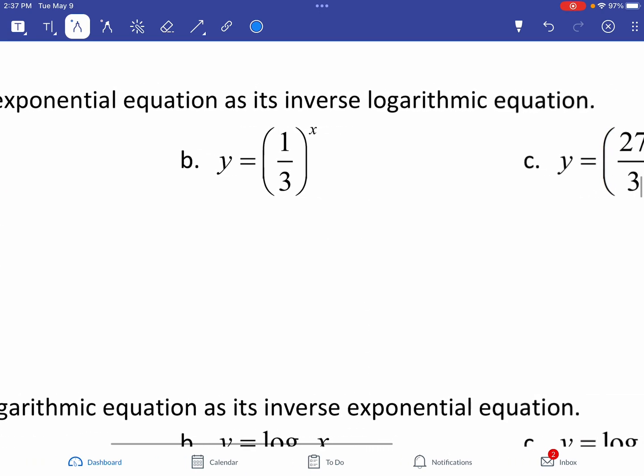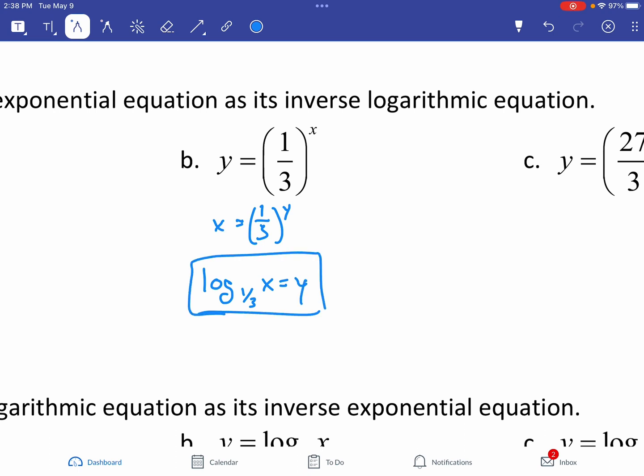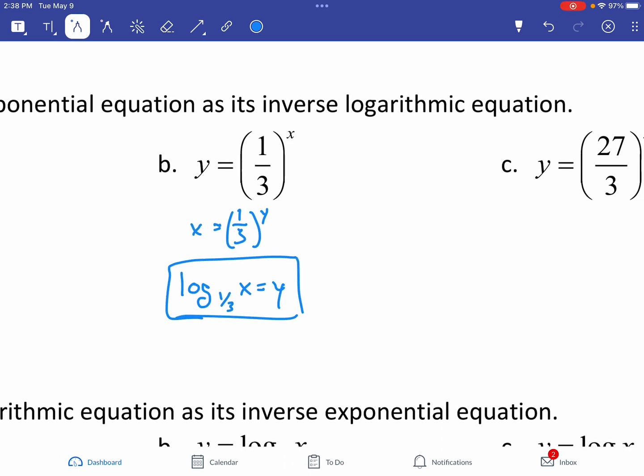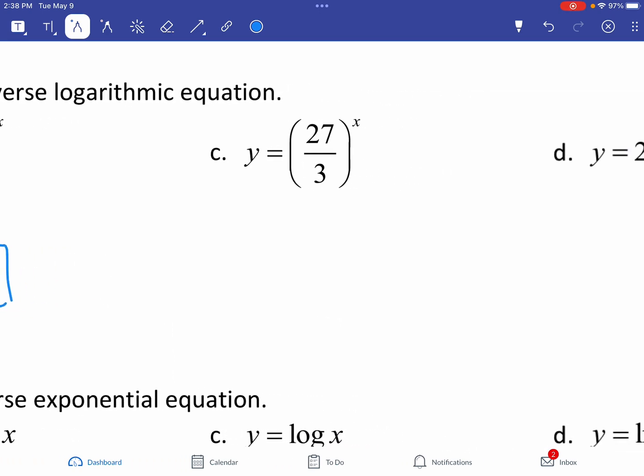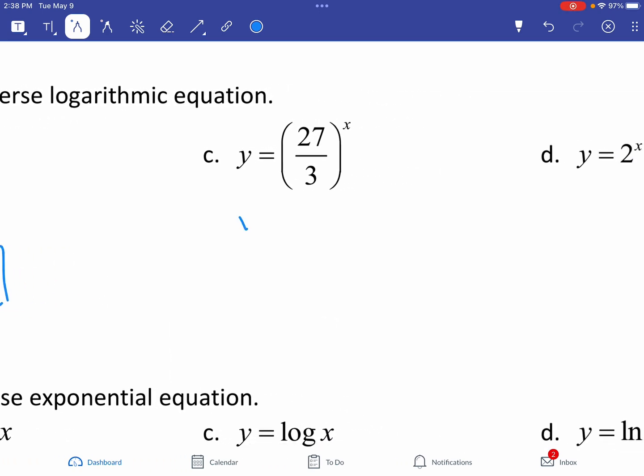All right. Next, again, switch the x and the y. So it becomes log base 1/3 of x equals y. Okay, switch the x and the y.